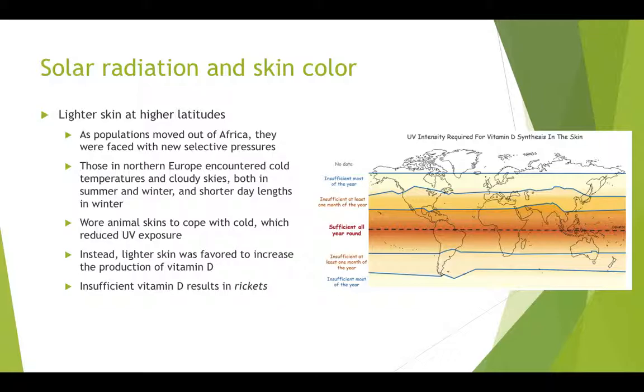But if you had lighter skin in tropical areas, you were more likely to sunburn and then have associated mutations that lead to things like skin cancer. So we've got simultaneous selection for dark skin in tropical areas and for lighter skin in farther northern areas.